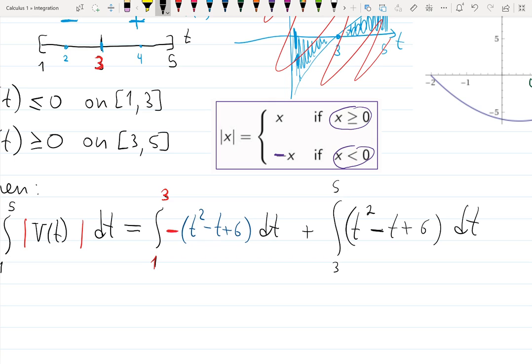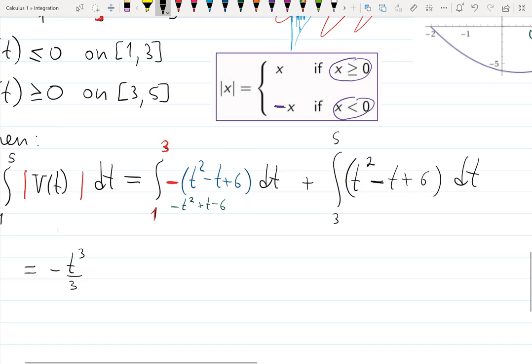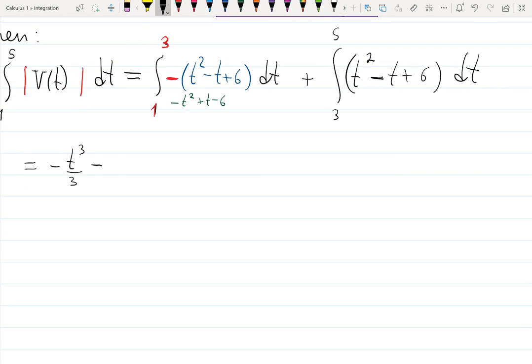Now we start finally integrating. The first one, I recommend you just distribute the negative sign: minus t squared plus t minus 6. Now you can integrate. That's going to be negative t cubed over 3 plus t squared over 2 minus 6t.